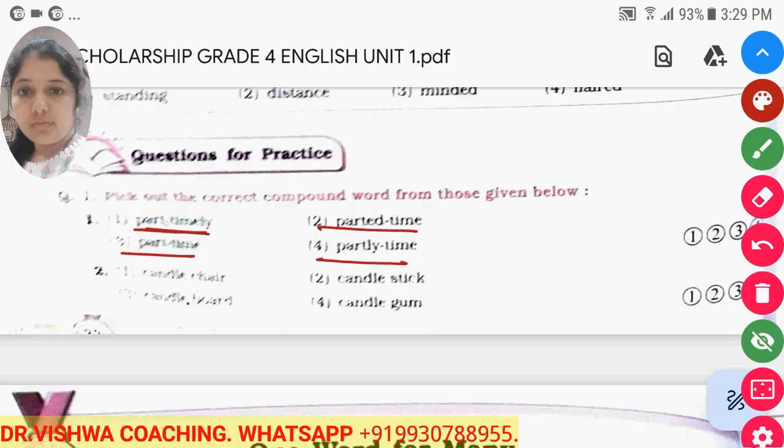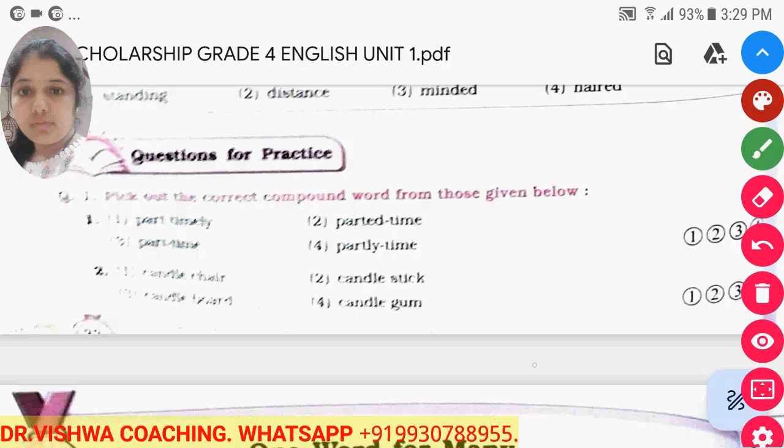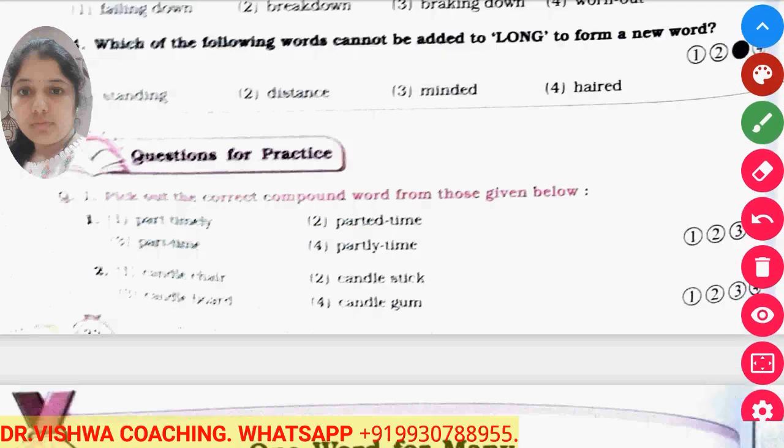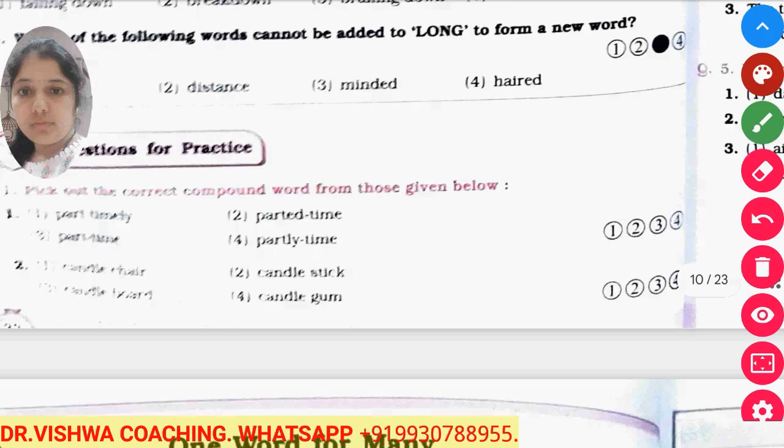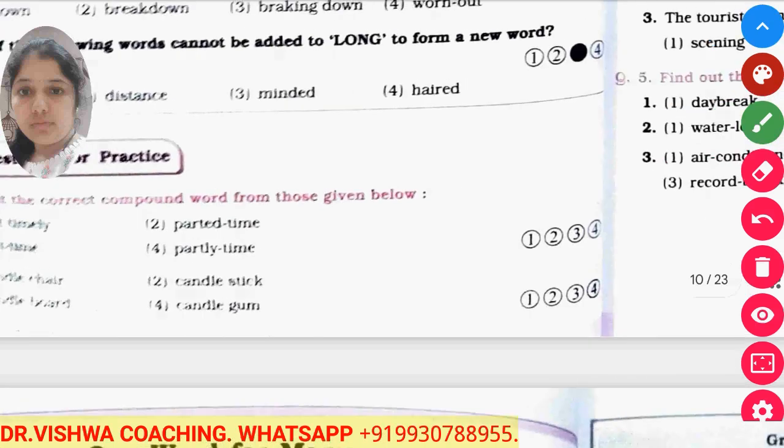So the correct compound word is part time. We usually say part-time job, which means a job for a short duration. So the correct option is part-time, option number 3.